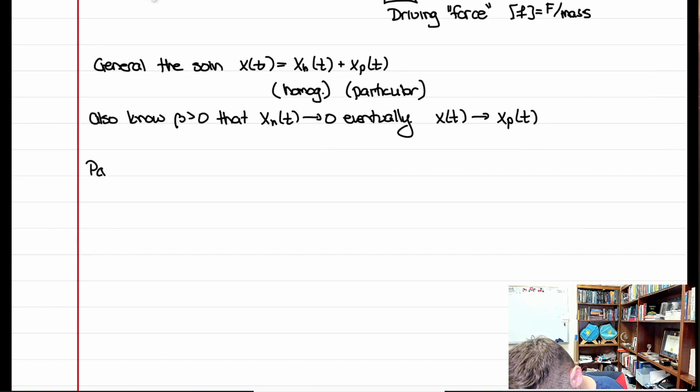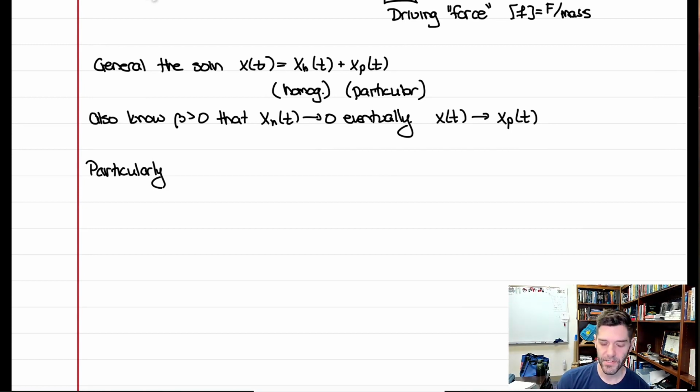Now, particularly, we're going to restrict ourselves a little bit to only consider driving forces that are themselves oscillatory.